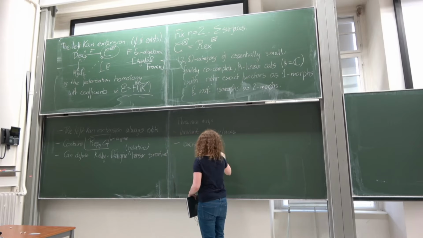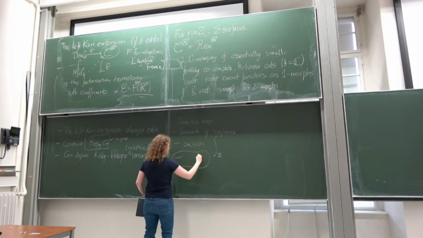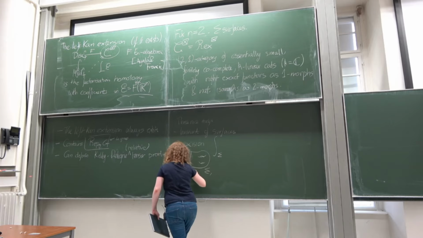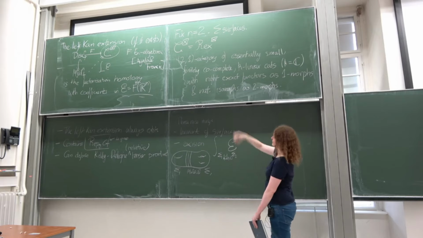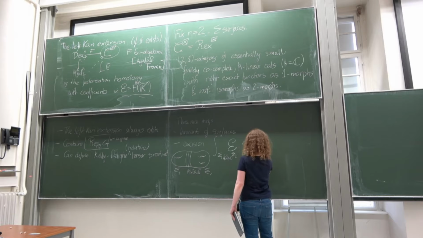Which means if I take some surface, which is the collar gluing of two surfaces, then the factorization homology of the glued surface, for any E_n you'd like to choose, is equivalent just as a category to the factorization homology of the first one.